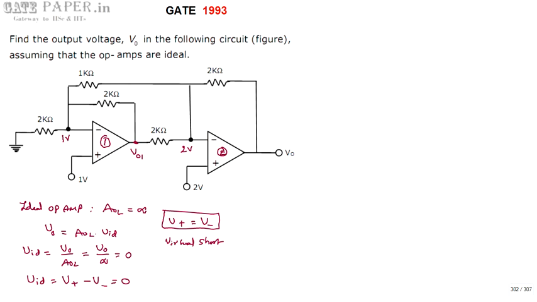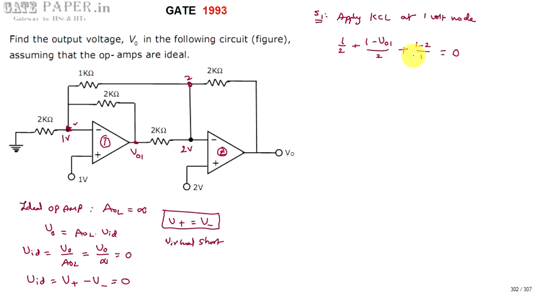Apply KCL at the 1 volt node. I am not writing kilo ohms, directly writing: 1 by 2 plus (1 minus V01) by 2 plus (1 minus 2) by 1, since this node is also at 2 volts. 1 minus 2 divided by 1 is minus 1.